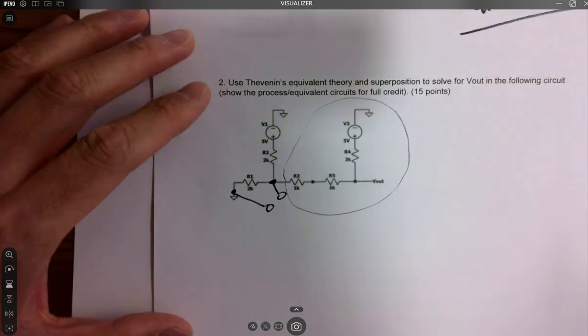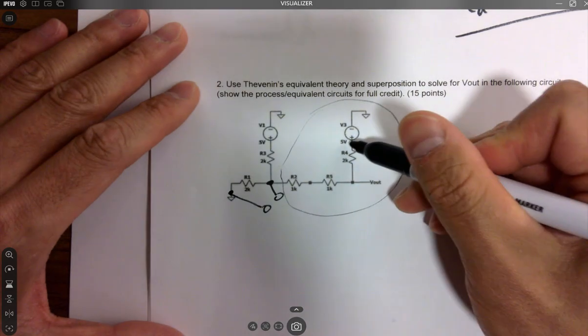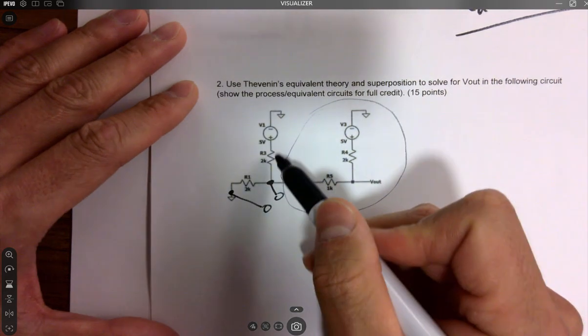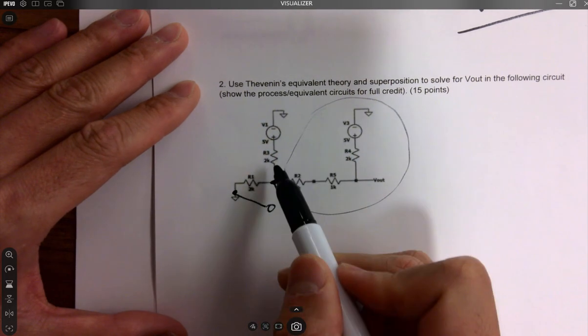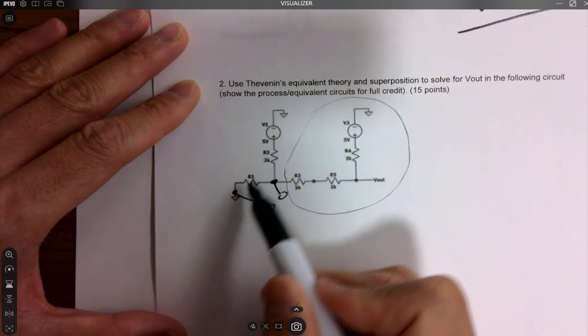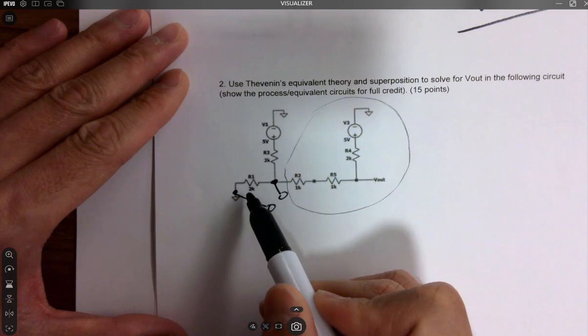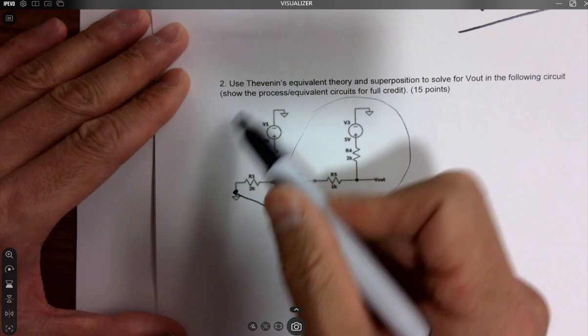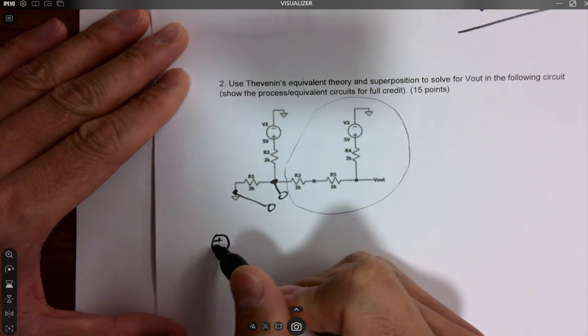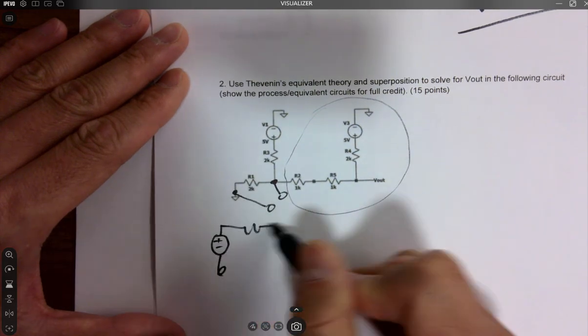So superposition. First, you short this guy to ground, and you can convert this part to the Thevenin's equivalent, because you can see the 2 resistors. It's just dividing the voltage by 2 halves, and if you look backwards, it's a 1K resistor as well. So eventually, this part becomes this, right?